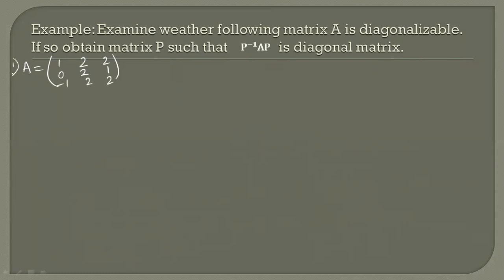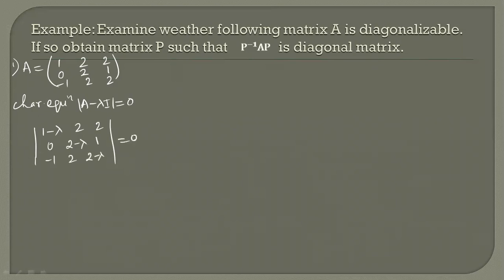First example is this. Now what is the characteristic equation? The characteristic equation is determinant of A minus lambda I equal to 0. Then it will be 1 minus lambda, 2, 2; 0, 2 minus lambda, 1; minus 1, 2, 2 minus lambda, equal to 0. You can simplify it and find the eigenvalues. Eigenvalues are 1, 2, 2.